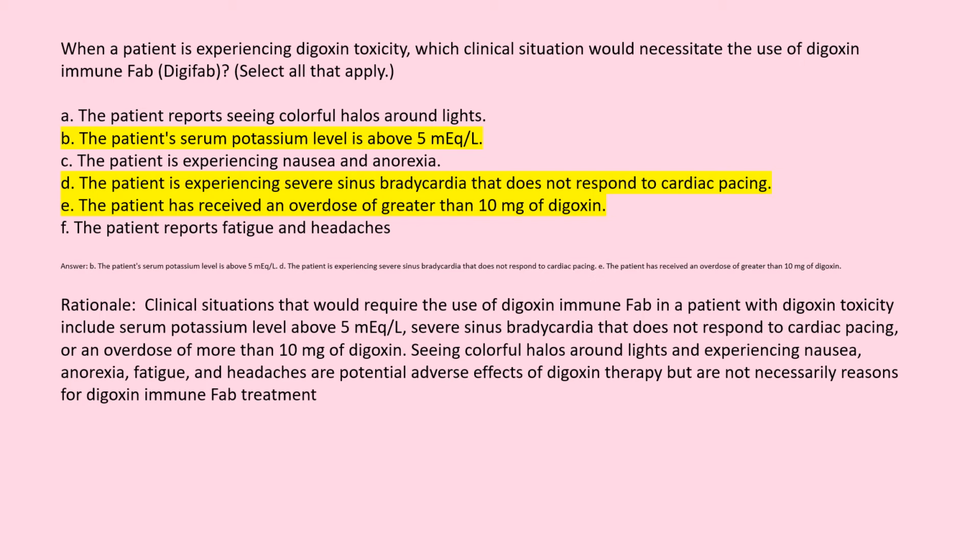Rationale: clinical situations that would require the use of digoxin immune Fab in a patient with digoxin toxicity include serum potassium level above 5 mEq/L, severe sinus bradycardia that does not respond to cardiac pacing, or an overdose of more than 10 mg of digoxin. Seeing colorful halos around lights and experiencing nausea, anorexia, fatigue, and headaches are potential adverse effects of digoxin therapy but are not necessarily reasons for digoxin immune Fab treatment.